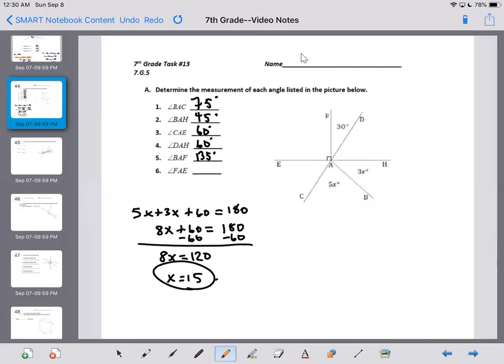So BAF is 30 plus 60 plus 45. And then FAE would be 90. So we can use what we know to kind of fill in and finish that off.